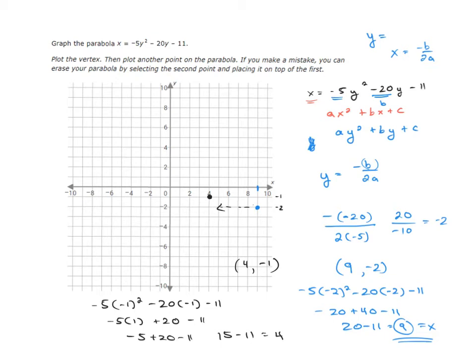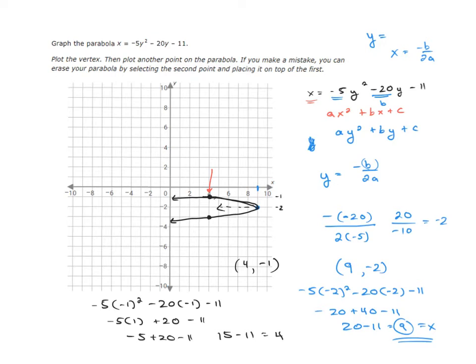Now, think about it like this too. If my vertex is here and I've gone 1 unit, then my other point on the other side of the parabola will be here. It'll be at negative 3. Let me explain that a better way. So basically, we only need to find this 1 point here to complete our parabola.